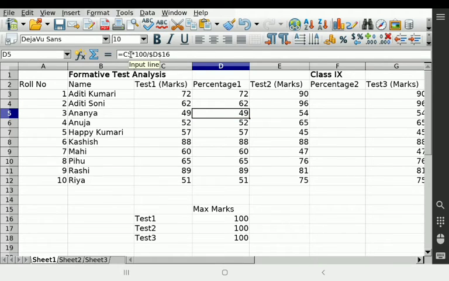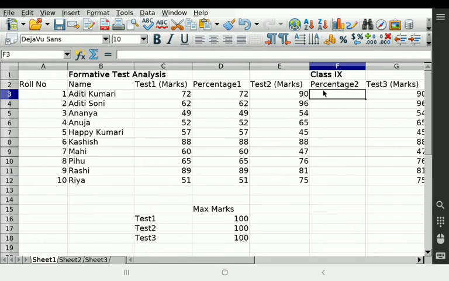C5, C6, you can see here in this formula bar, it is changed, that relative reference, but absolute reference is not changed. C7, C8, C9, C10, you can see here.